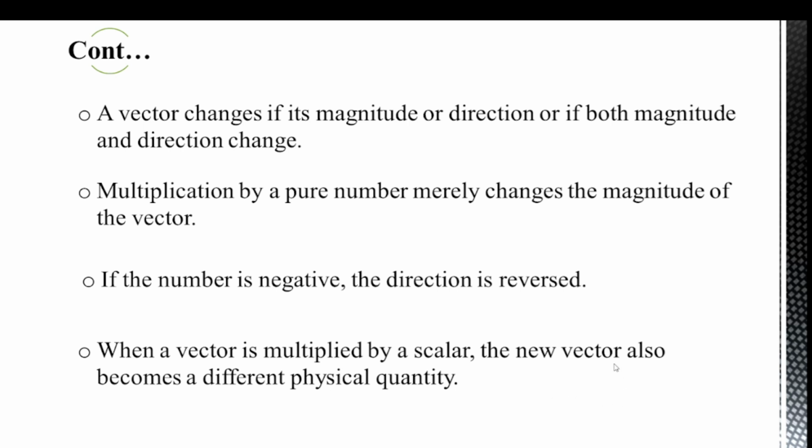Now velocity is another physical quantity. What if you multiply velocity with time? You will find a displacement. So when a vector is multiplied by a scalar, the new vector becomes a different physical quantity.